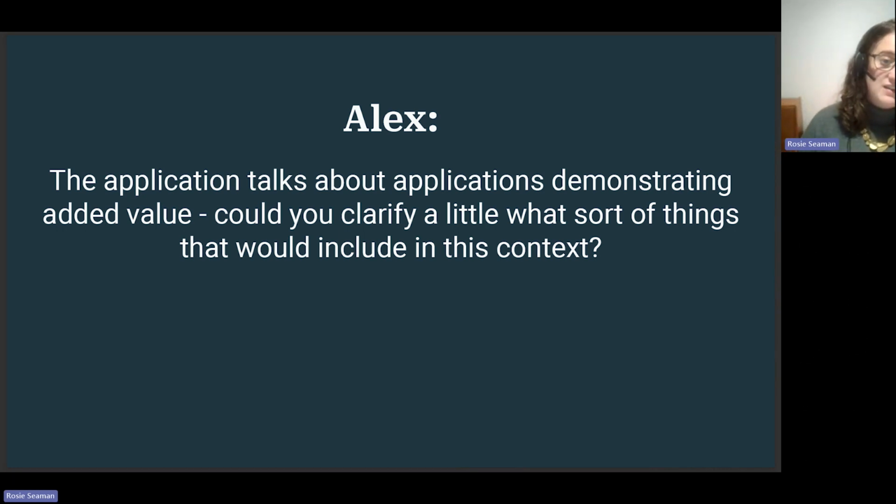Other examples of added value might be you've worked with a project before and you had it funded before, but you came across some really insightful evidence that wasn't in the scope of a previous project, and you could use this funding call to build on that. So added value is just a generic statement to get people to think about what makes your research project really different for bringing into the researcher access service.